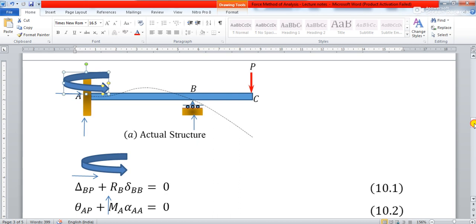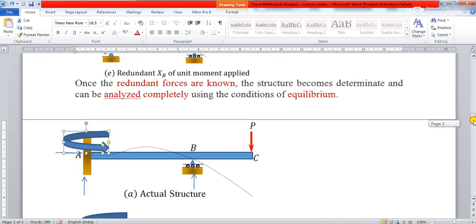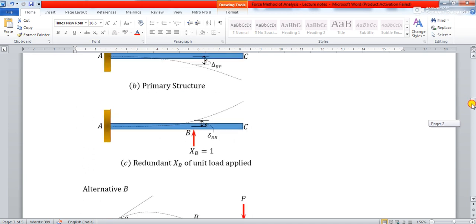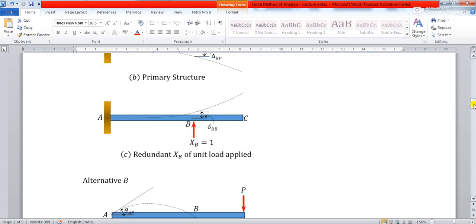Okay, so considering this, I should stop here. There is one more point I will discuss in the next class, because the primary structure that I have shown you can also be taken in an alternative way.